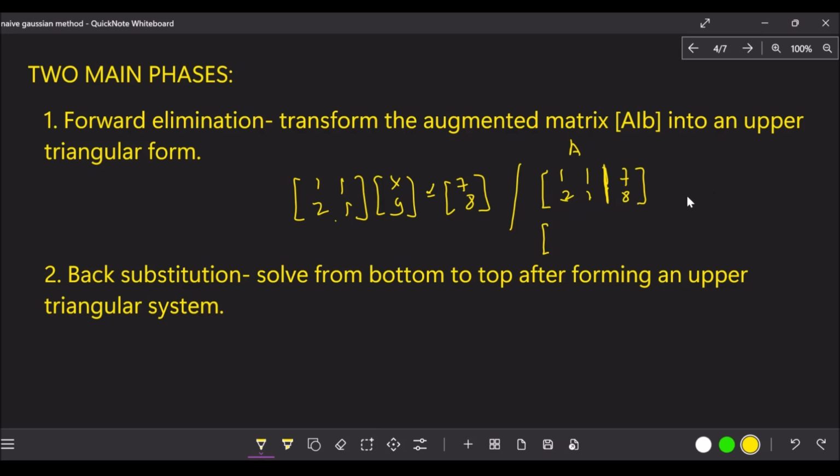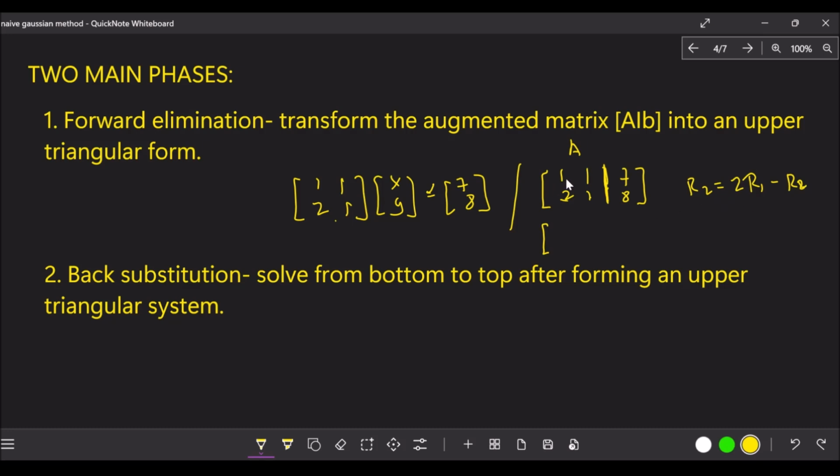So for row 2, we take 2 times row 1, then minus row 2.